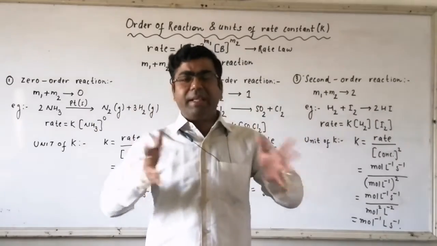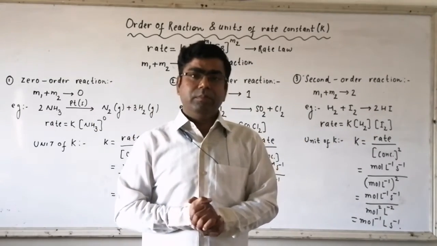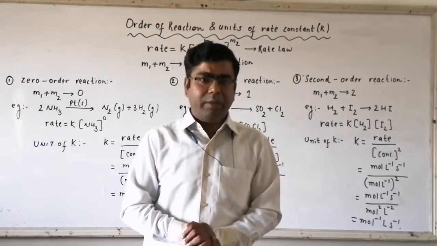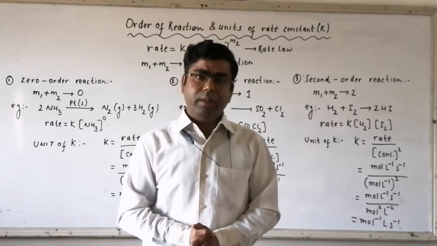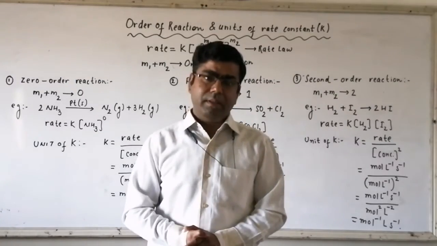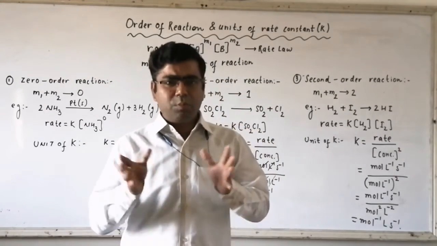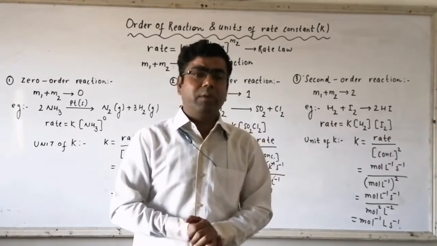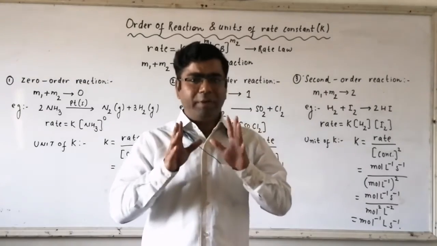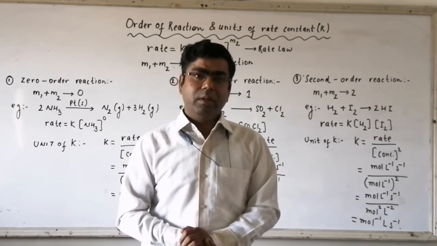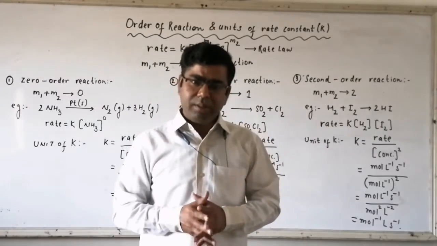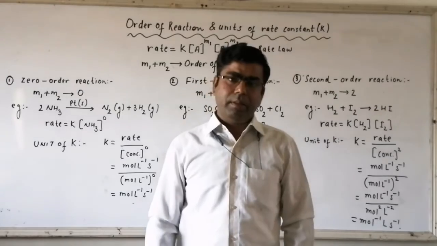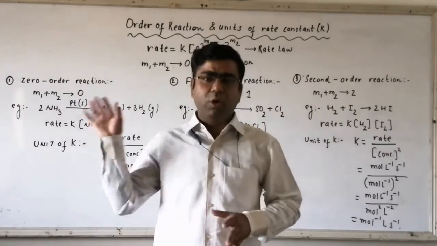If we increase the surface area of platinum, then more molecules of ammonia will be absorbed over the platinum surface and there will be more decomposition. If we decrease the surface area of platinum, then less molecules will be absorbed over the platinum surface, as a result of which less molecules will be converted into N2 plus H2, or rate of decomposition will decrease. So all those reactions in which some limiting factors are there, then such reaction belongs to zero order reaction.